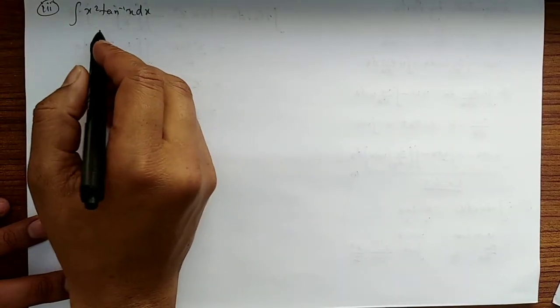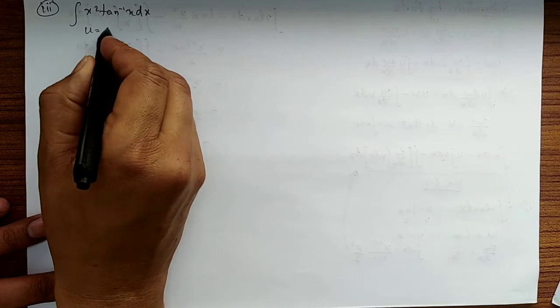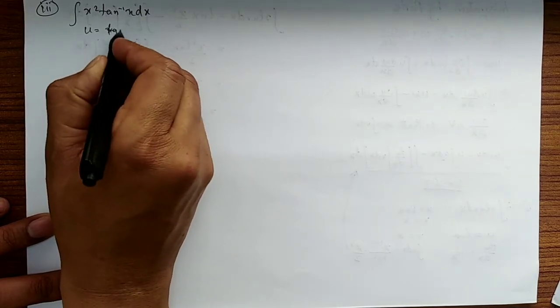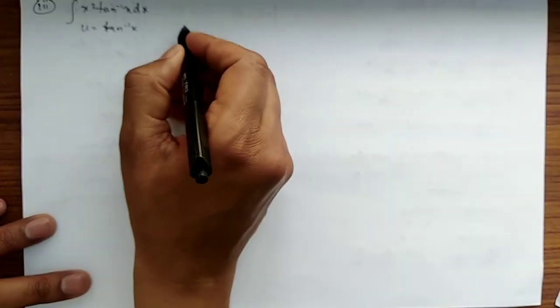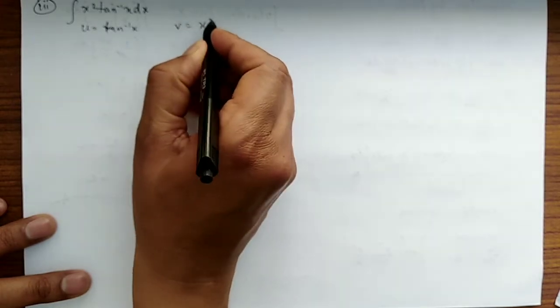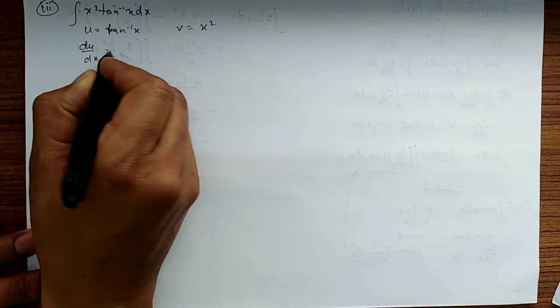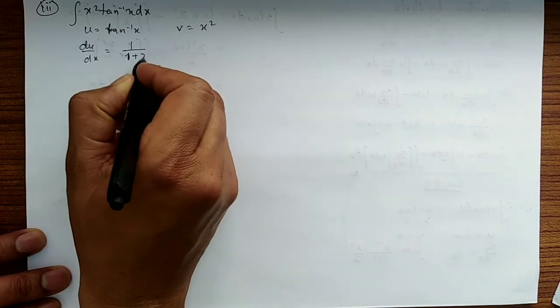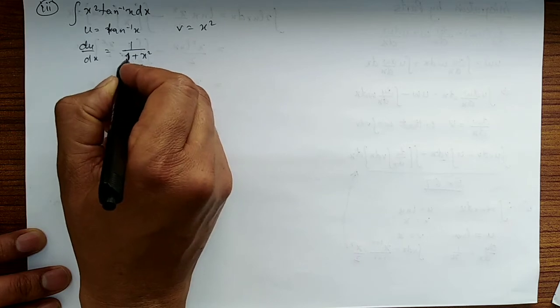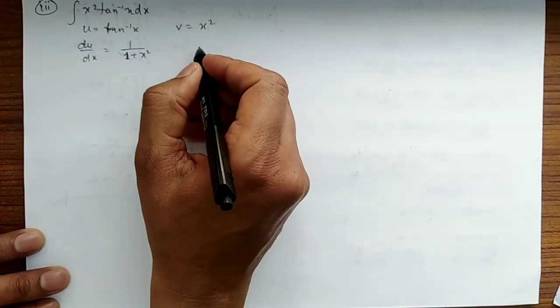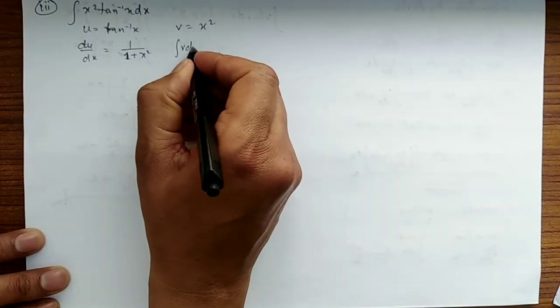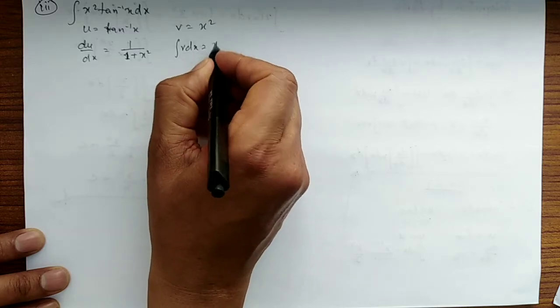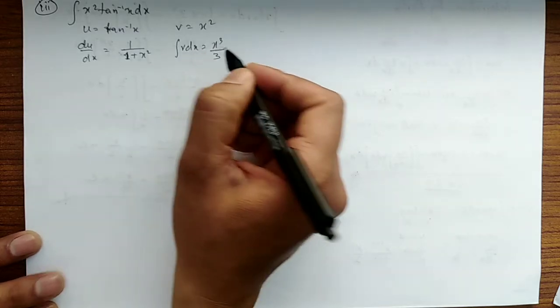Okay, doing this question now, taking u equals tan inverse x and v as x square. Taking the derivative of u gives us 1 upon 1 plus x square, and the integral of v gives x cube upon 3, right?